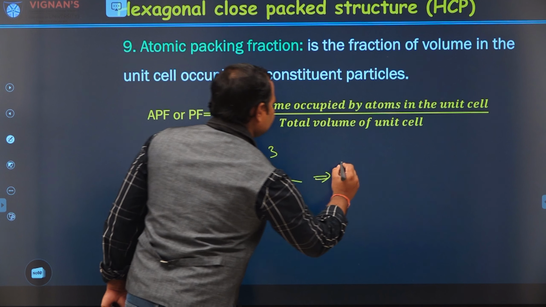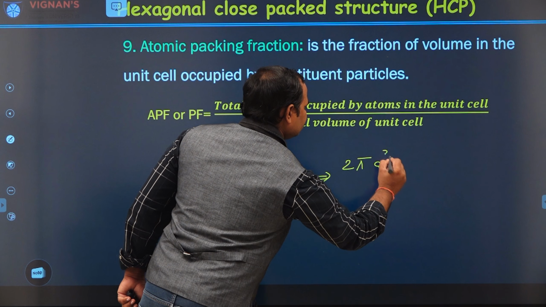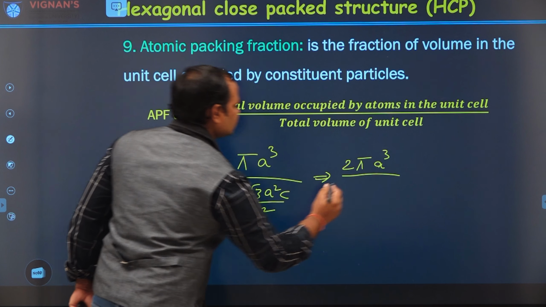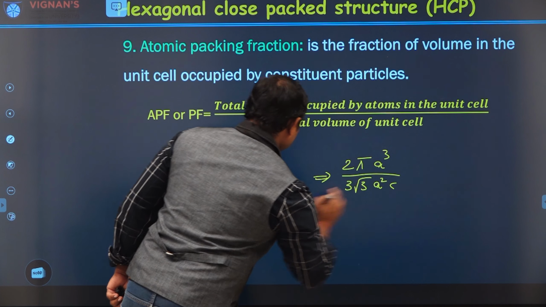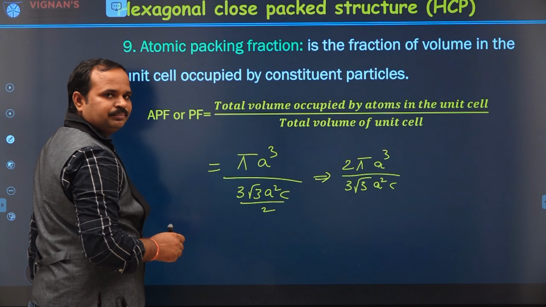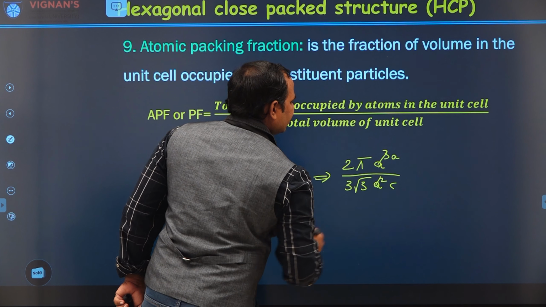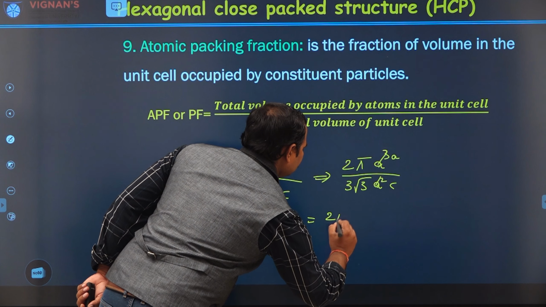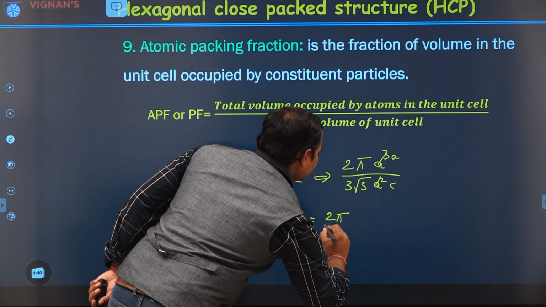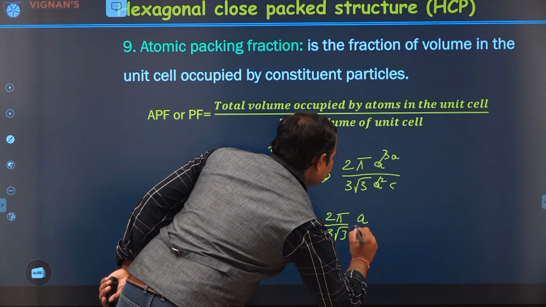Let's put this up: 2 into 2 pi A cube by 3 root 3 A square C. I have just sent this 2 upside. Now A cube and A square will cancel and then the rest is A. Let's write 2 pi by 3 root 3 into A by C.